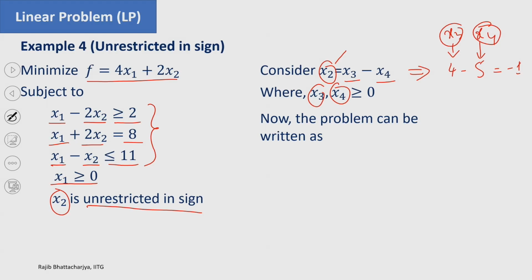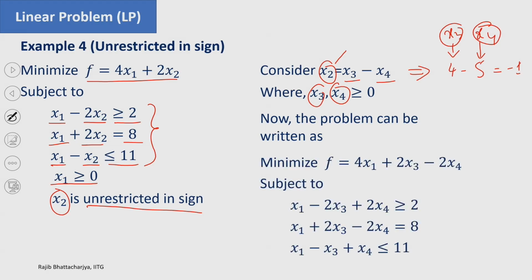Okay. Now, the problem can be written as, if I replace x 2 equal to x 3 minus x 4, in that case I can write f equal to 4 x 1 plus twice x 3 minus twice x 4. Similarly, the constraints can be written as x 1 minus twice x 3 plus twice x 4 greater than equal to 2, then x 1 plus twice x 3 minus twice x 4 equal to 8, x 1 minus x 3 plus x 4 less than equal to 11.